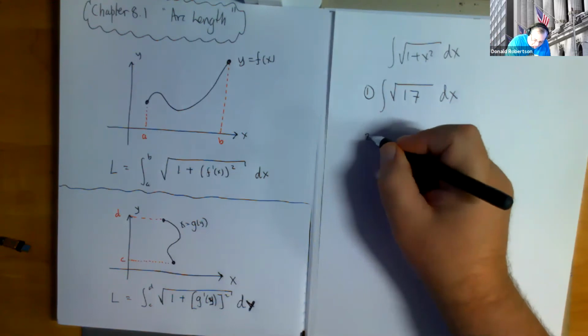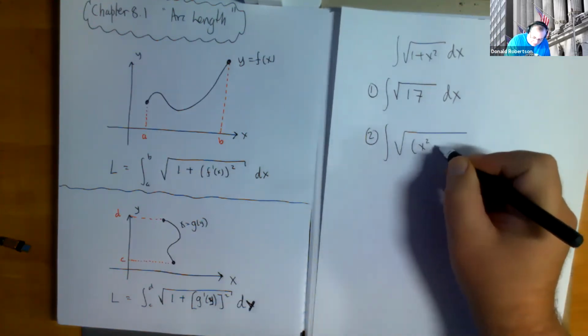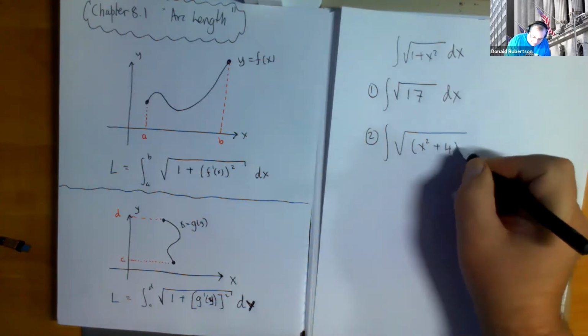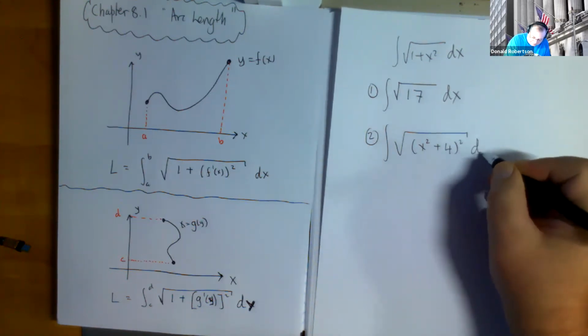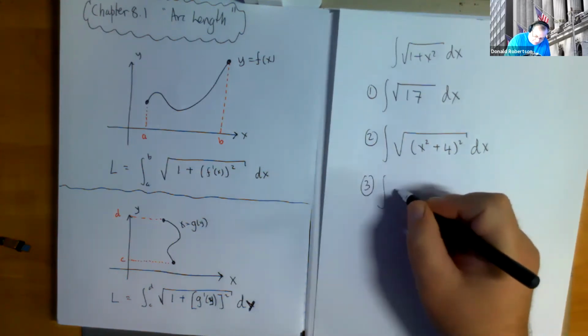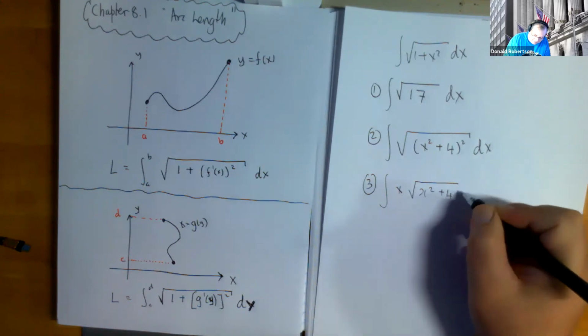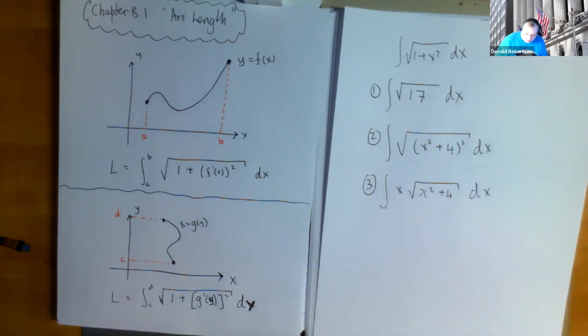The second type, you get the square root of a perfect square. And the third time, you get an integral that looks like a u-sub, and it is.